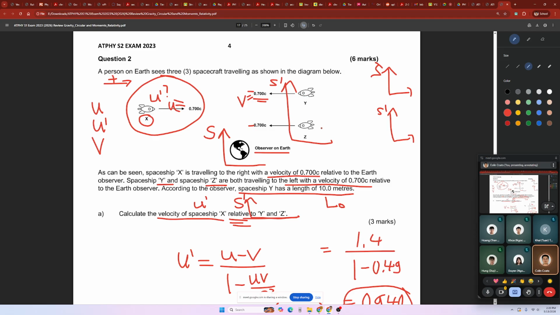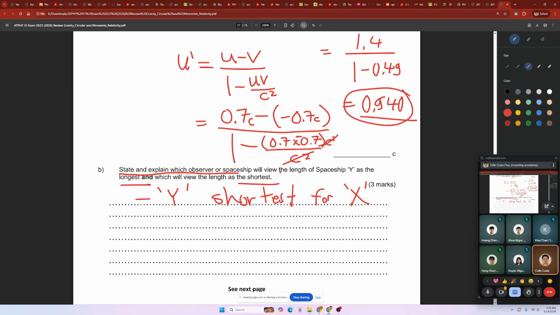So still length contraction to make it looking shorter due to the velocity of near the speed of light, okay? But compared to Z, it's as if Y is not moving.